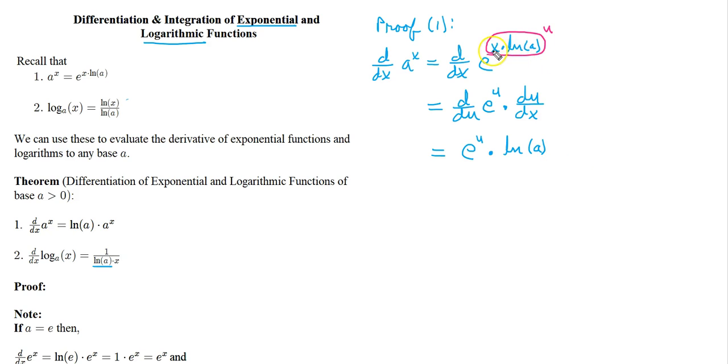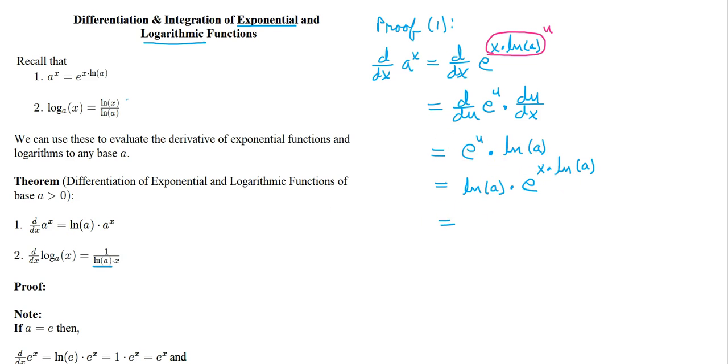All right, once again, the derivative of x times ln a with respect to x is just ln a because that's a constant. Think of it like the number 5. The derivative of 5x is 5. And then substituting what u is back in here, I just put the ln of a in front of the e to the u.